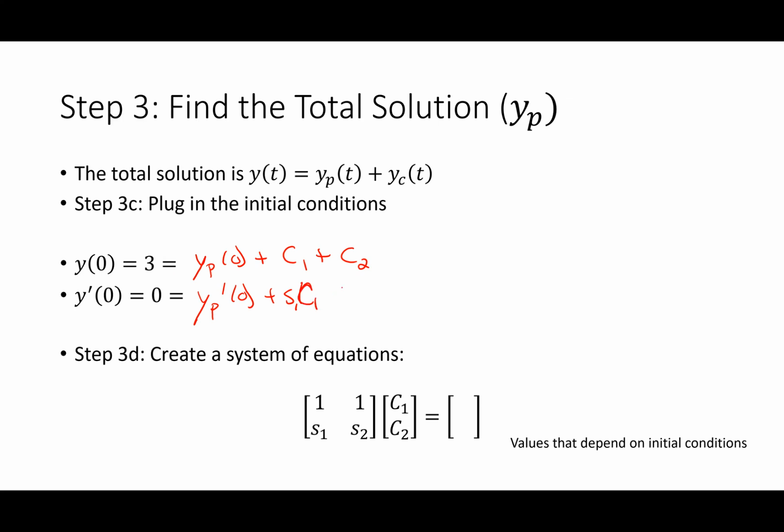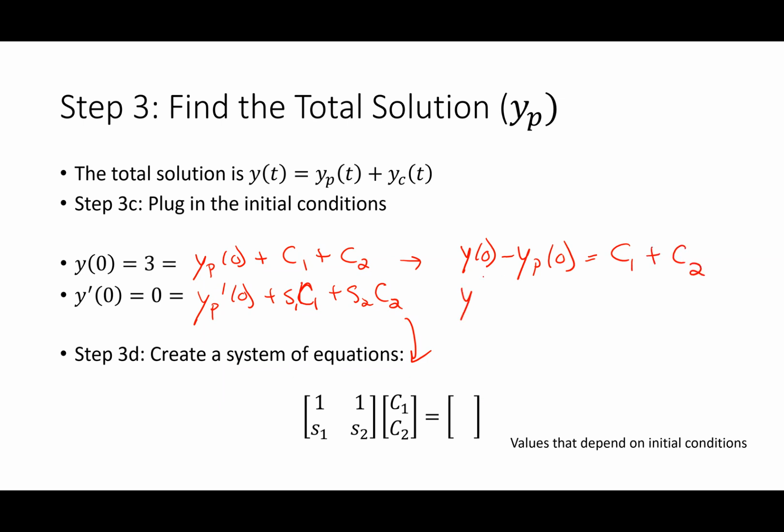S1 C1 plus S2 C2. And I try to get this into a form that looks like this, right? So I rearrange these here. I say y of 0 minus whatever the particular solution is at 0 has to equal C1 plus C2.